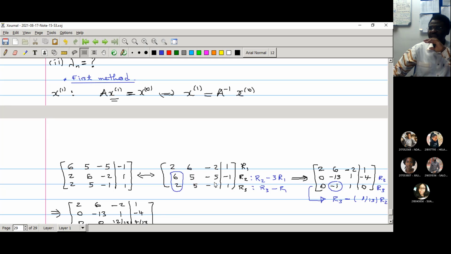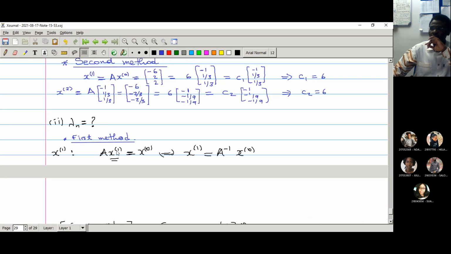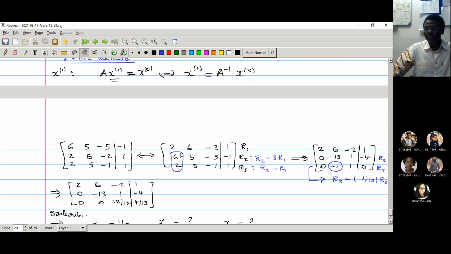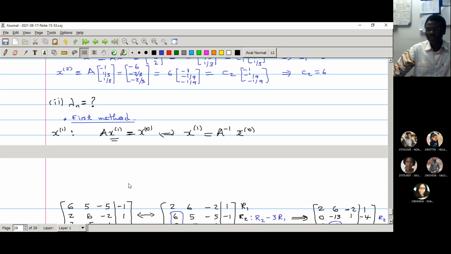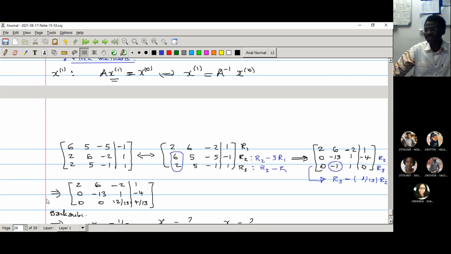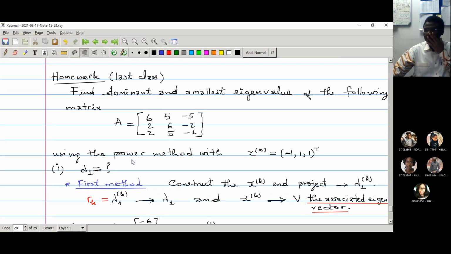Right. But in a test, you will not be asked to perform too many operations because it's a bit time consuming. If you have to do that for 4 or 5 iterations during a test, it is too long. Maximum will be 2 iterations, right? Just perform your Gauss elimination and then you get the result.